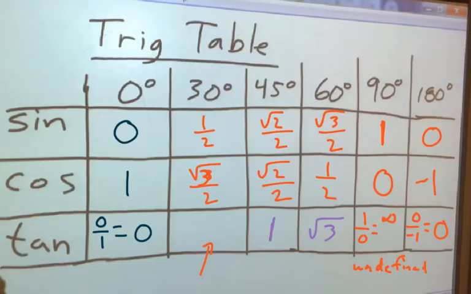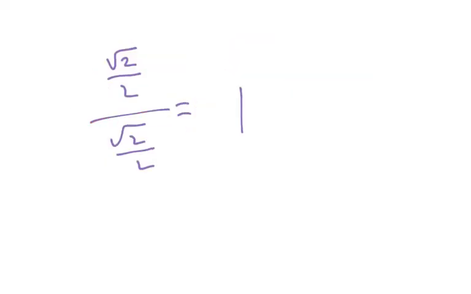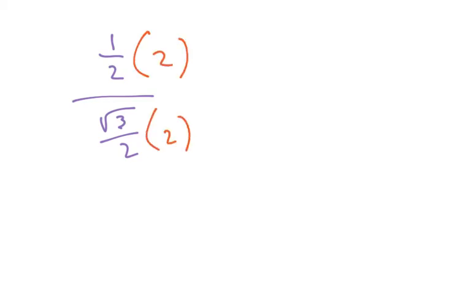Now we saved the worst for last this time. We're going to take 1/2 and divide it by square root 3 over 2. So we're going to do sine divided by cosine. Again, let's start with the same trick. I could times top and bottom by 2.